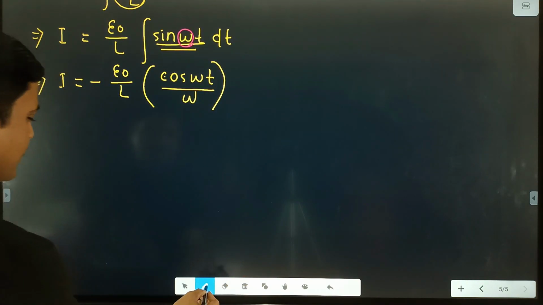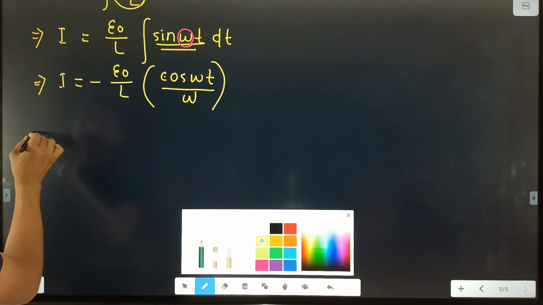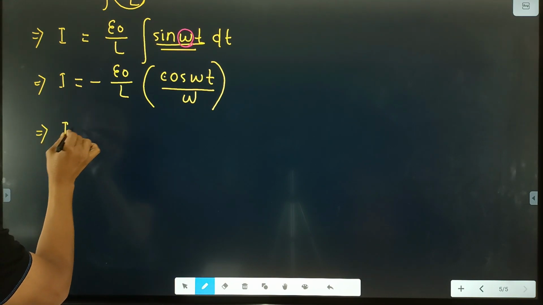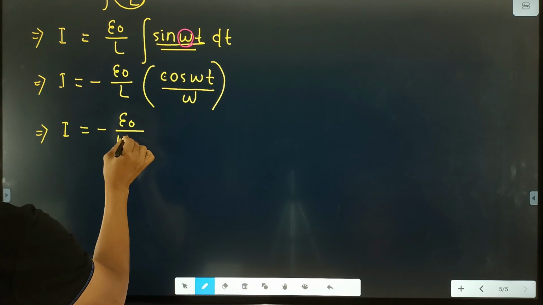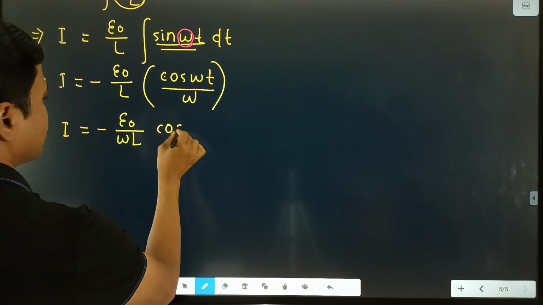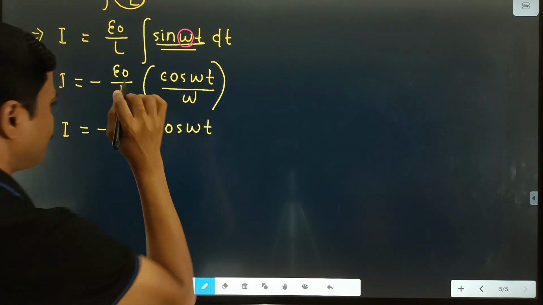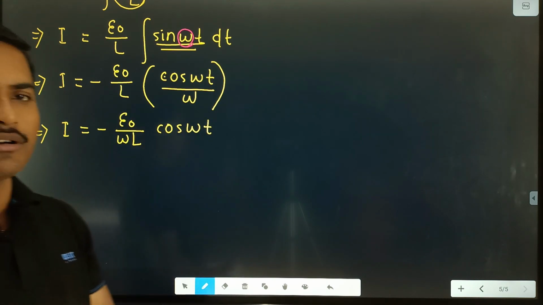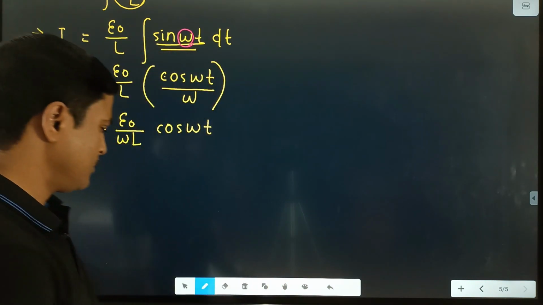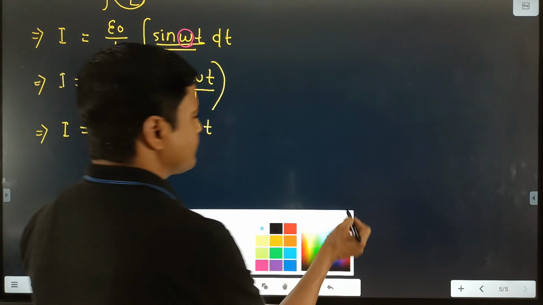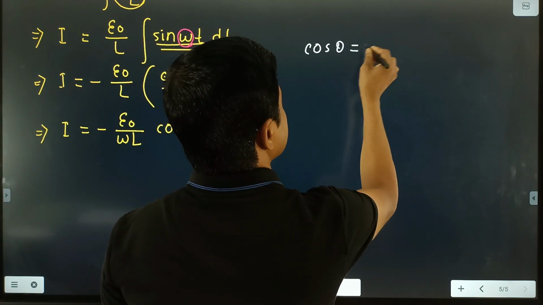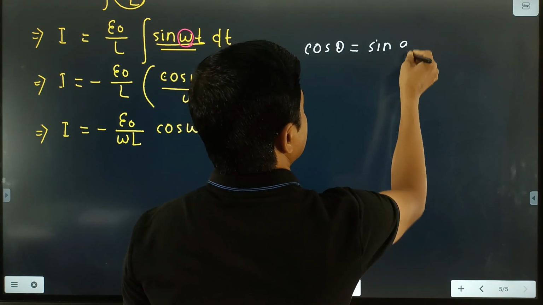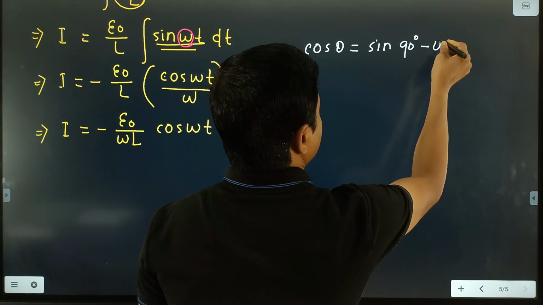That implies instantaneous current I is equal to minus E0 divided by omega L into cos omega t. Now put the trigonometric formula: cos theta is equal to sin of 90 degree minus theta.